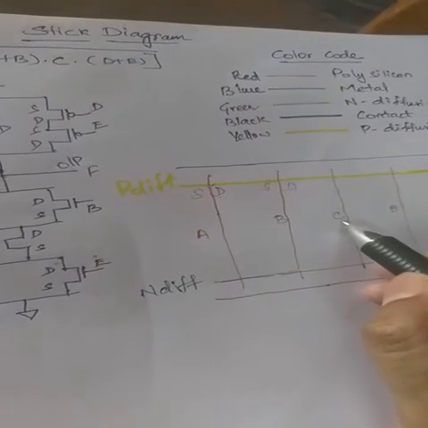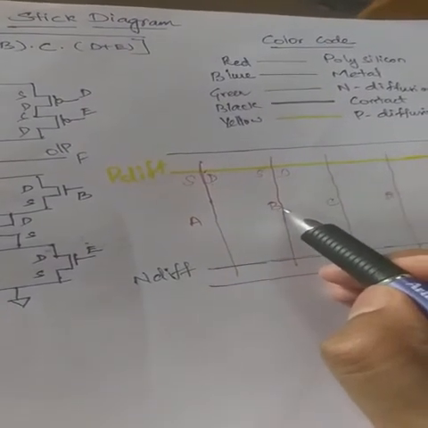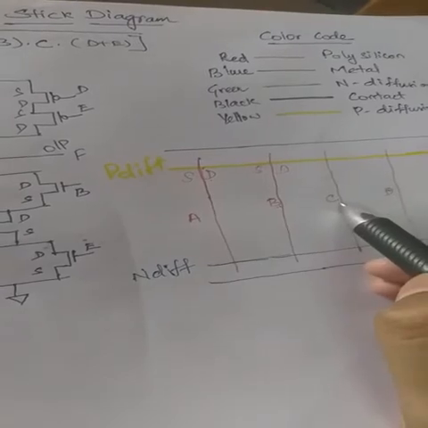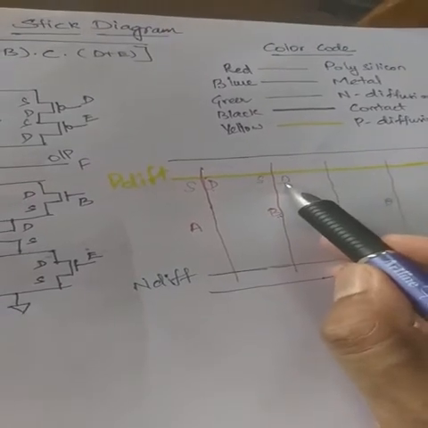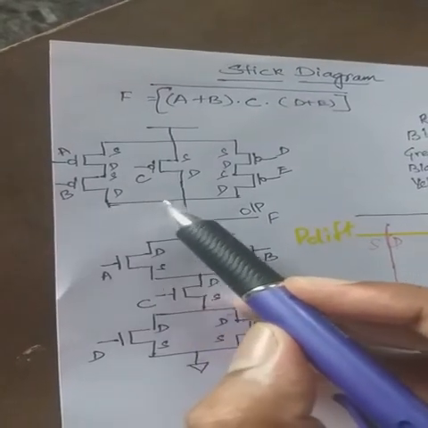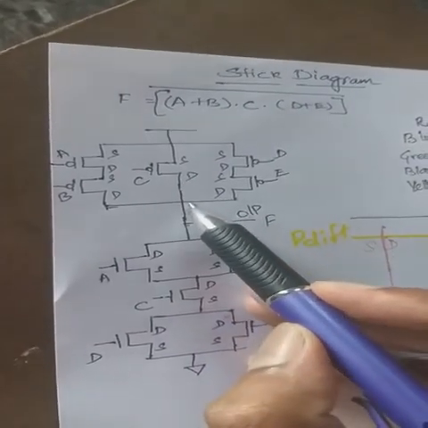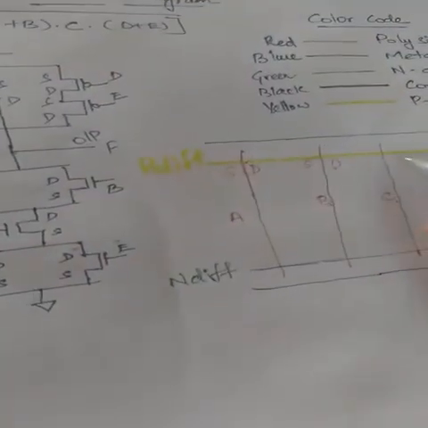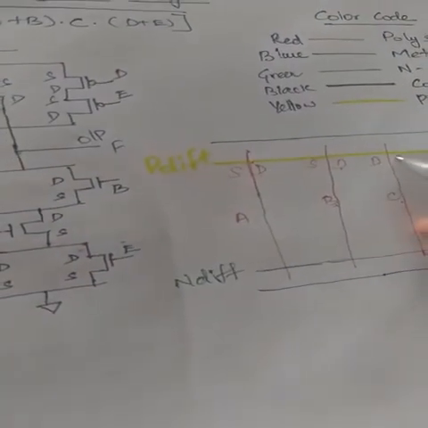Then look at the next transistor after B. It is C, right? So which terminal of C is connected to the drain terminal of B? From this diagram we can see the drain terminal of B is connected to the drain terminal of C. So you take this as drain, and this has to be source.